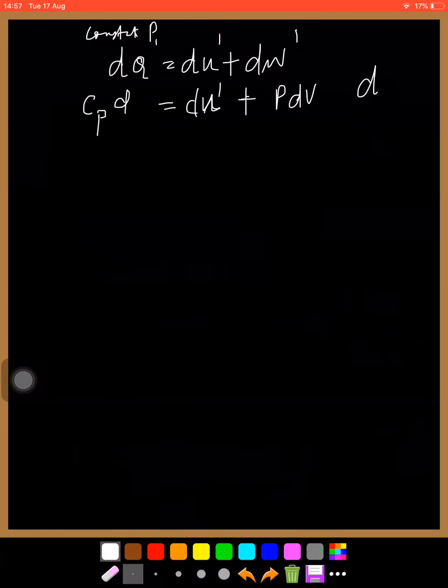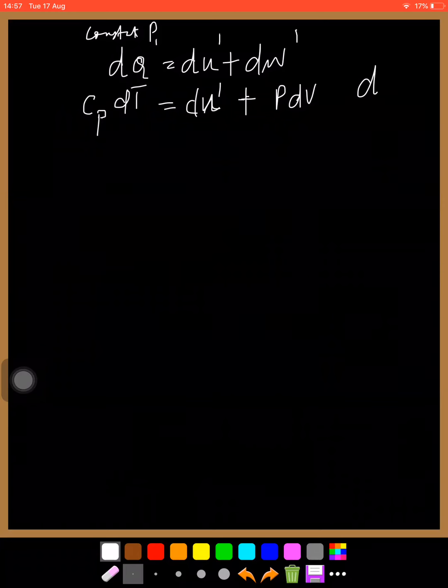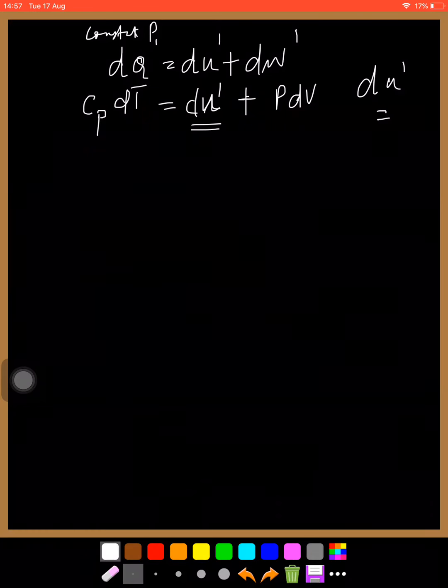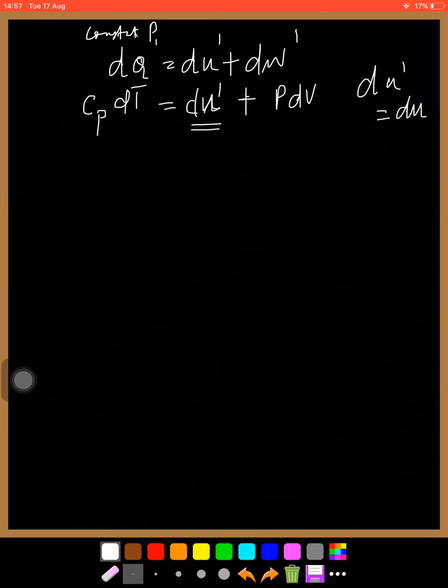For dT rise, the heat required is Cp dT. And this dU prime is equal to the dU which we wrote just before, that is, in the case of constant volume.